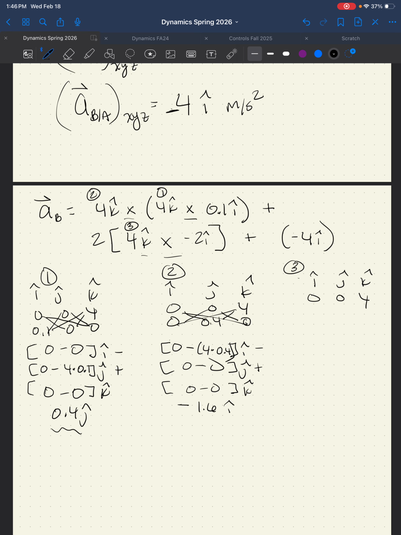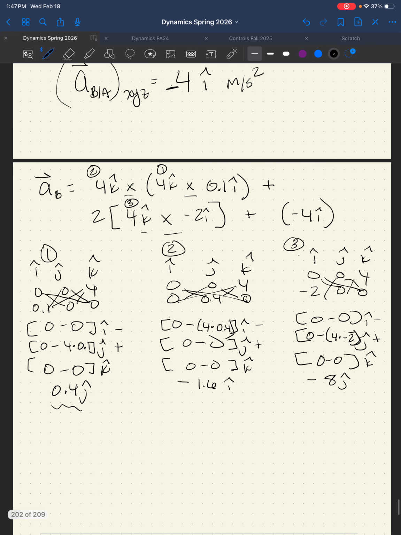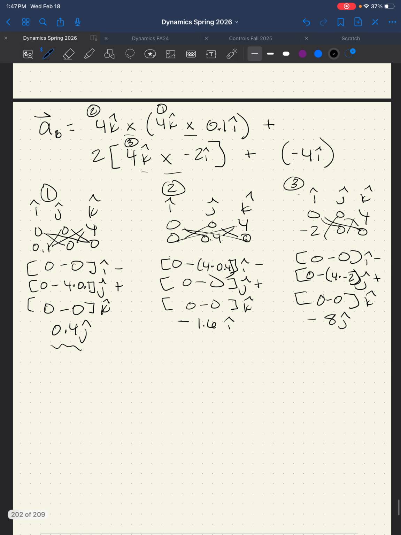And then the last cross product. 0, 0, 4, minus 2, 0, 0, i minus j plus k. 0 minus 0, 0 minus 4 times minus 2, and 0 minus 0. Okay, so I see three negatives, so minus 8j. All right, let's keep chugging along.